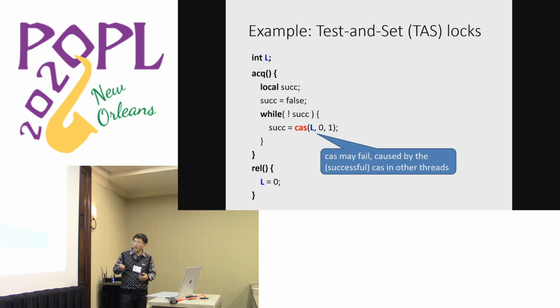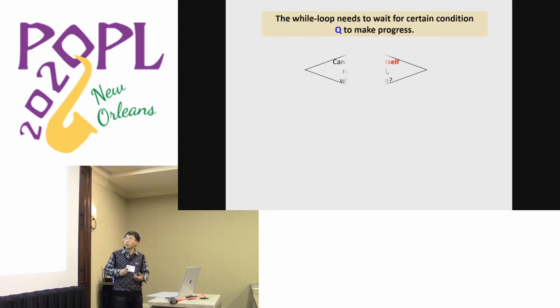Again, this CAS may fail, if other threads have already acquired the lock. In this case, Q says L equals 0. If L equals 0, then the CAS will succeed, done will be true, and this loop will terminate. So the key here is to find this Q to make sure it guarantees termination.